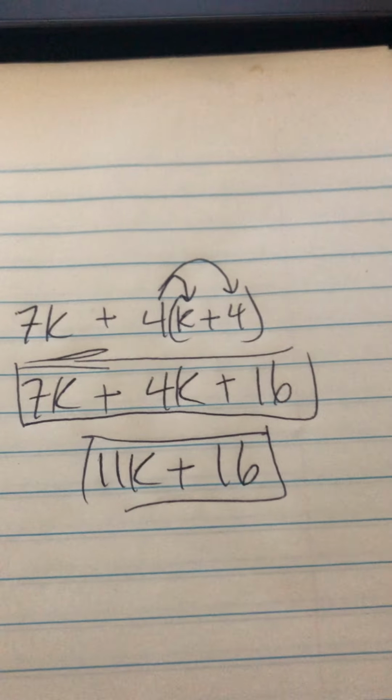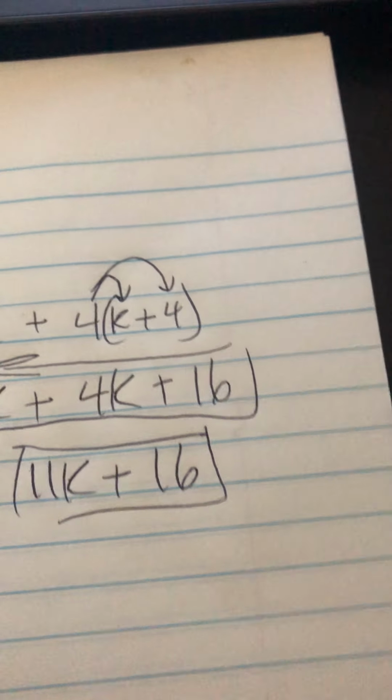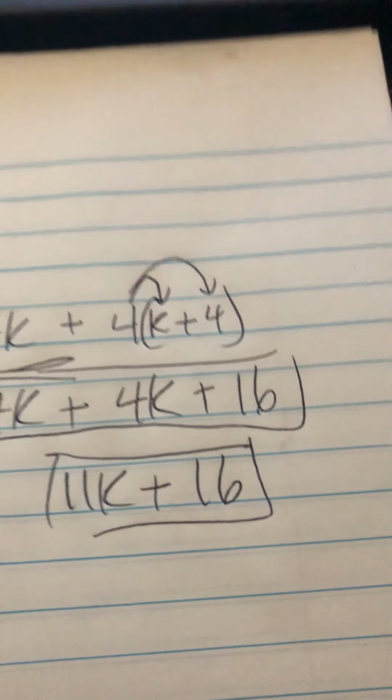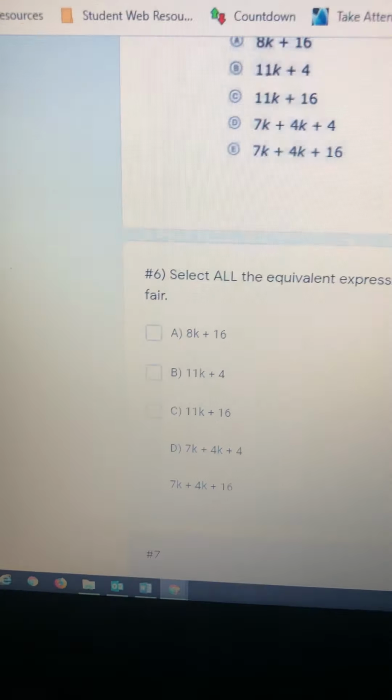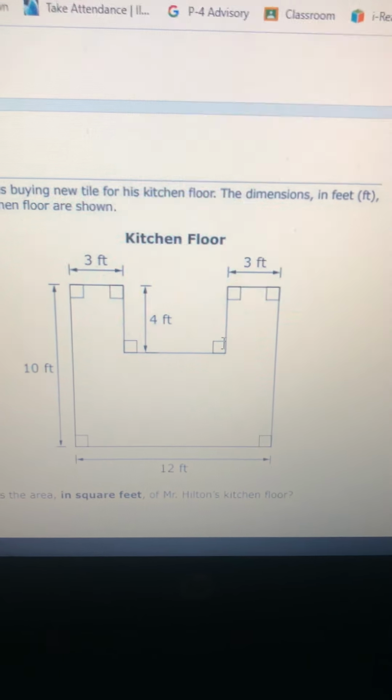So select all the expressions. So we see that we have right here 7K plus 4K plus 16. That is letter E. And then we have 11K plus 16, and that is letter C. So you should check box C and E. That's number 6.